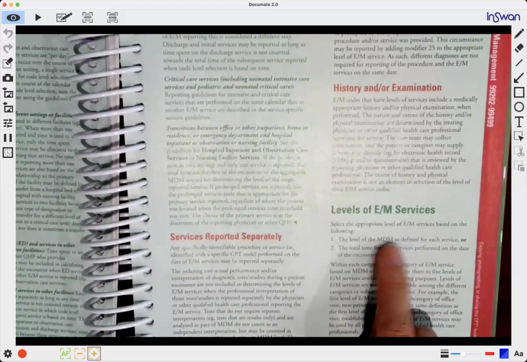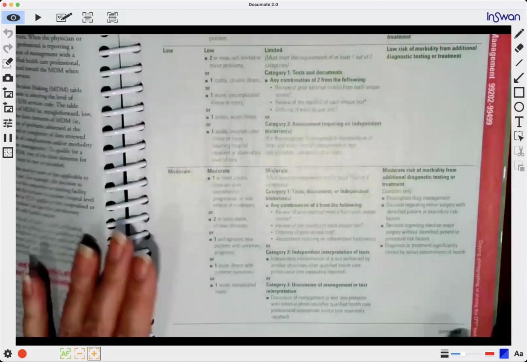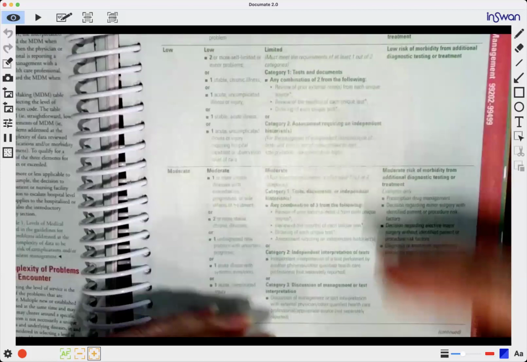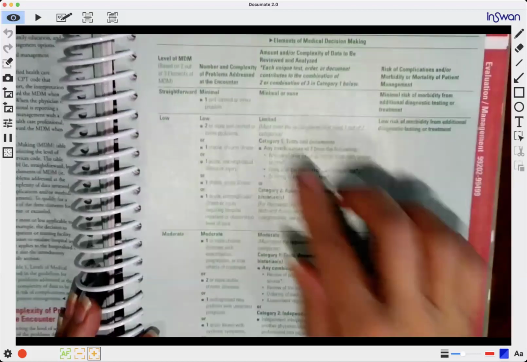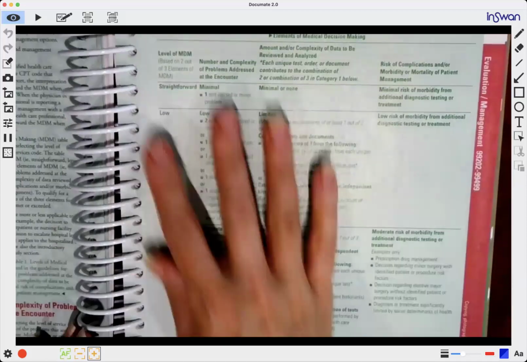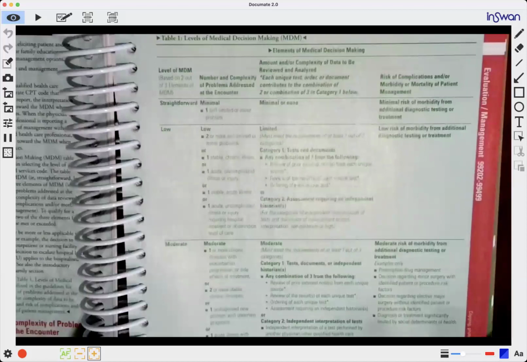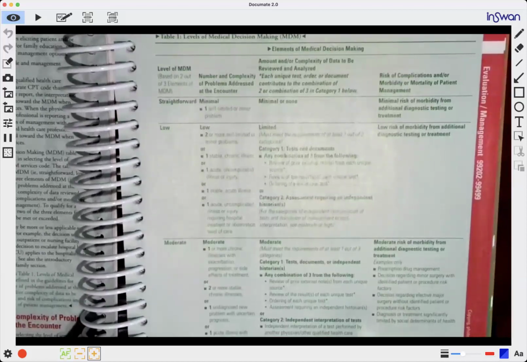Otherwise, you're going to be using the medical decision-making criteria. For medical decision-making, there are some criteria here where you figure out, is it straightforward medical decision-making? Is it moderate decision-making, etc.? So this grid here is what helps you determine the level of medical decision-making.